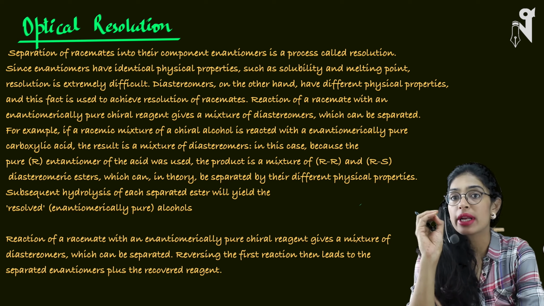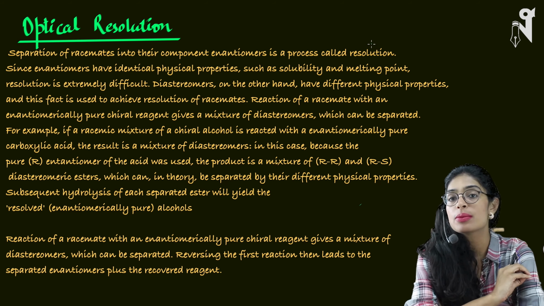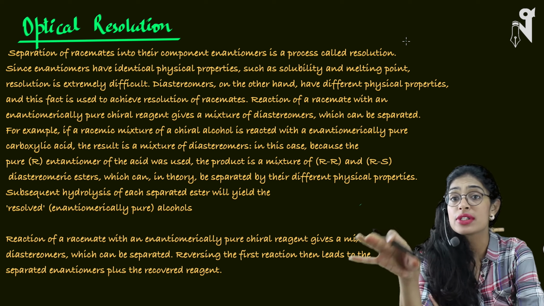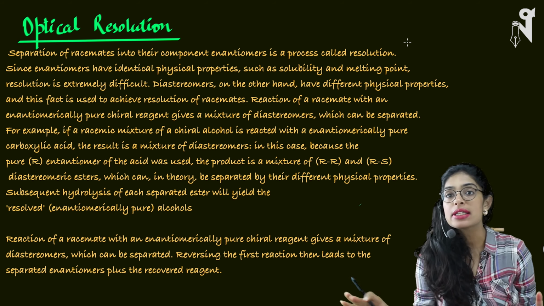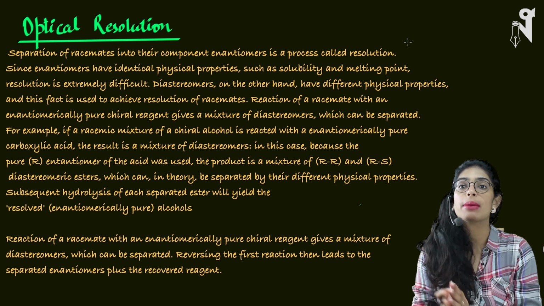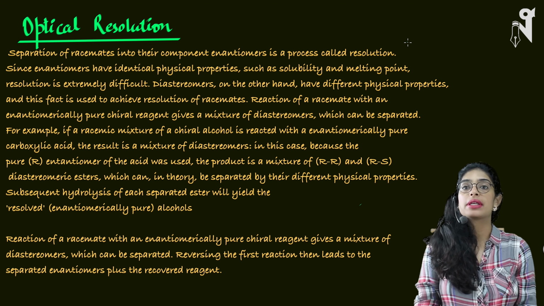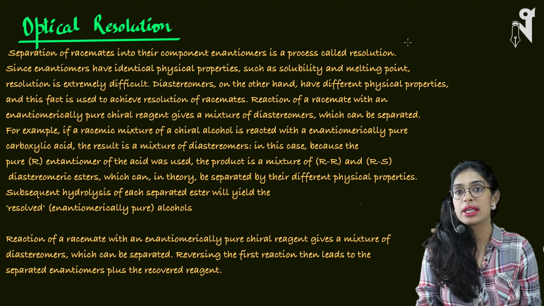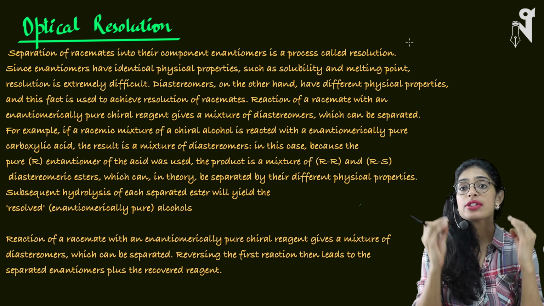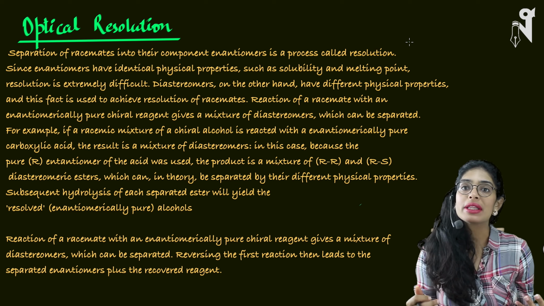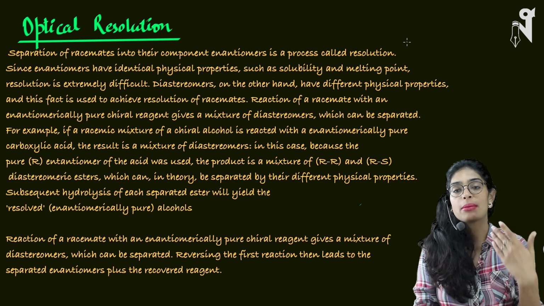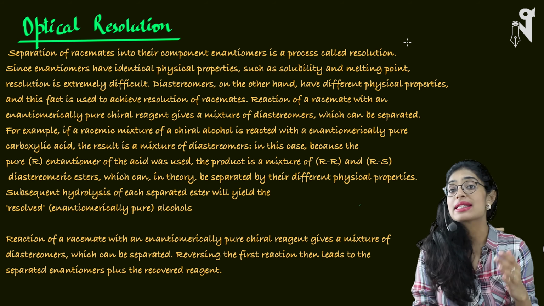When we talk about enantiomers, we clearly know that enantiomers don't have different physical properties. They have exactly the same physical properties, same boiling point, same melting point, and basically all their physical appearances are the same. So you cannot use any physical method to separate them out. The only method left is the chemical method. So what exactly do we do?